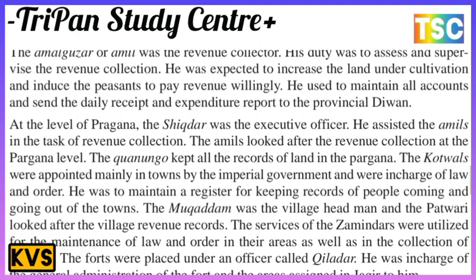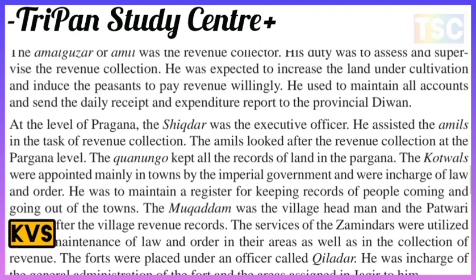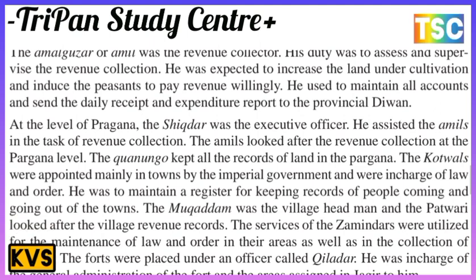He maintained a register for keeping record of the people coming and going out of the town. The Muqaddam was the village head man and the Patwari looked after the village revenue records, and the services of the Zamindars were utilized for the maintenance of law and order in their areas as well as in the collection of revenue.